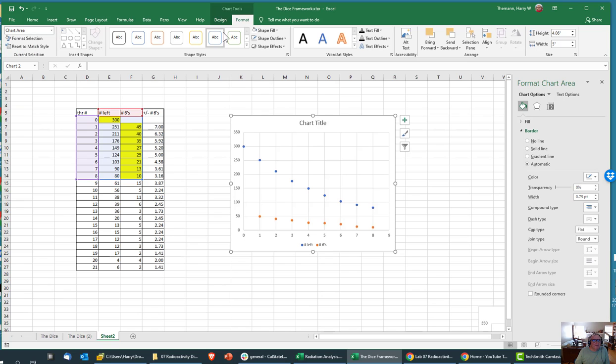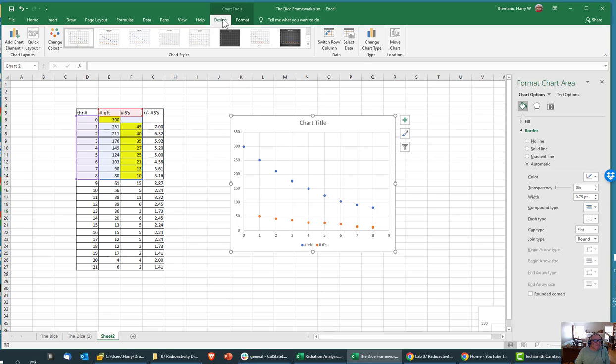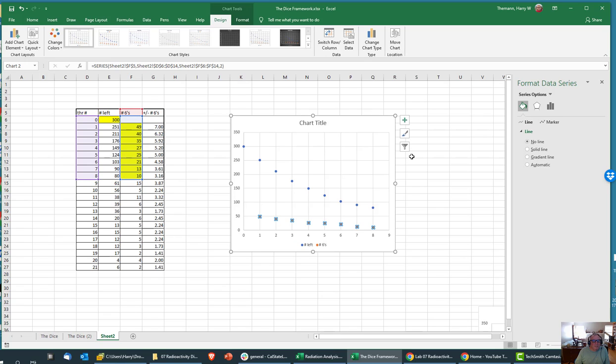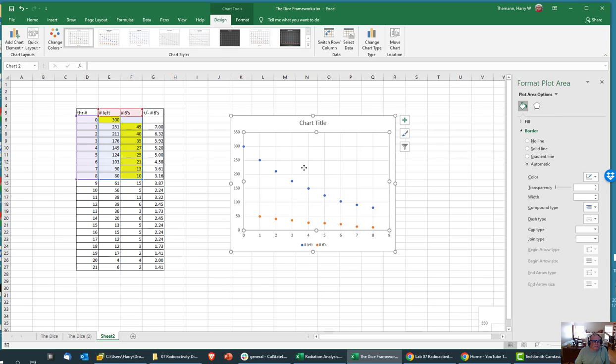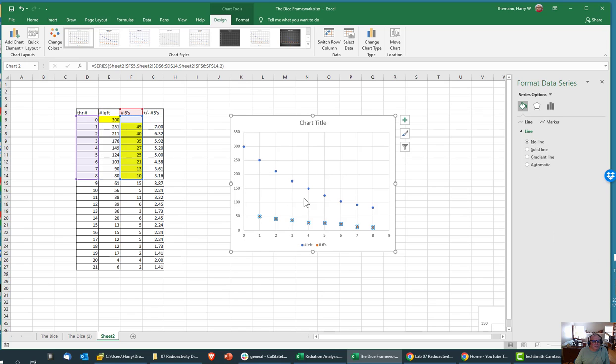In fact, what we need to do is to actually add something. And here's something that'll save you some time. Before you add the chart element, just click once. See how the number of sixes, the dots all highlight.